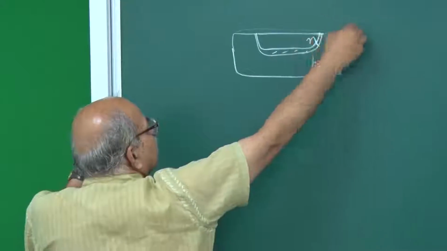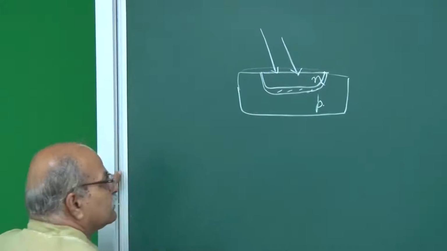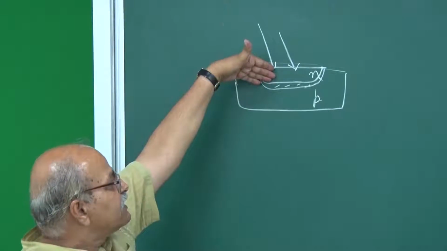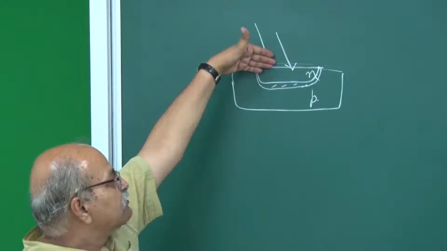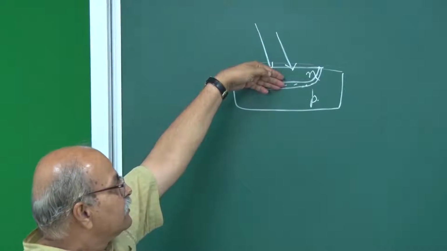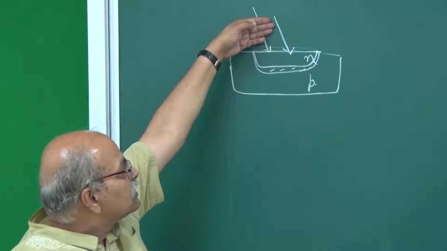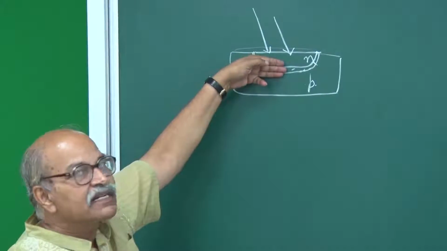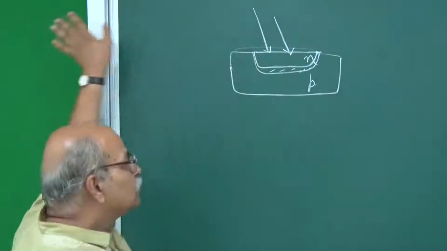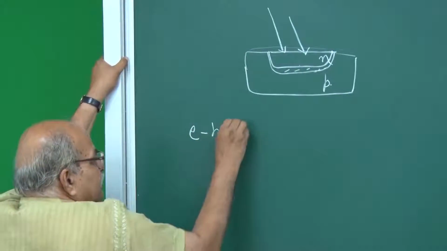So you put some transparent layer, so light falls on this, and depending on the wavelength, depending on the absorption properties, these photons may get absorbed here, may come to the depletion layer, or may come here. What we are interested in is that photons should get absorbed in the depletion layer, or say within one diffusion length on either side. So the photons are falling here, and they are creating new EH pairs.